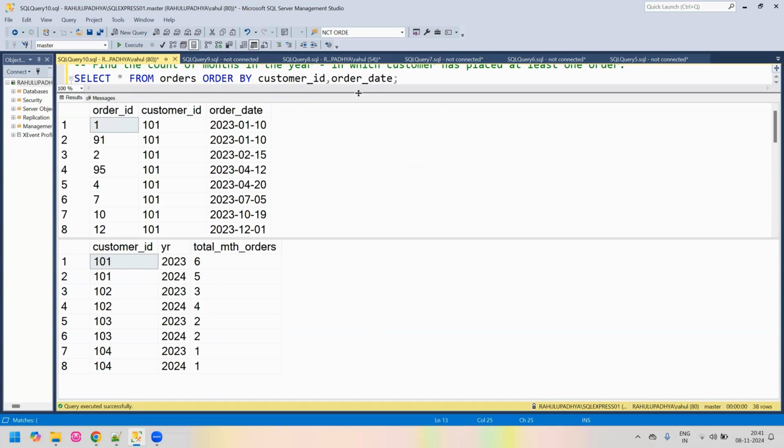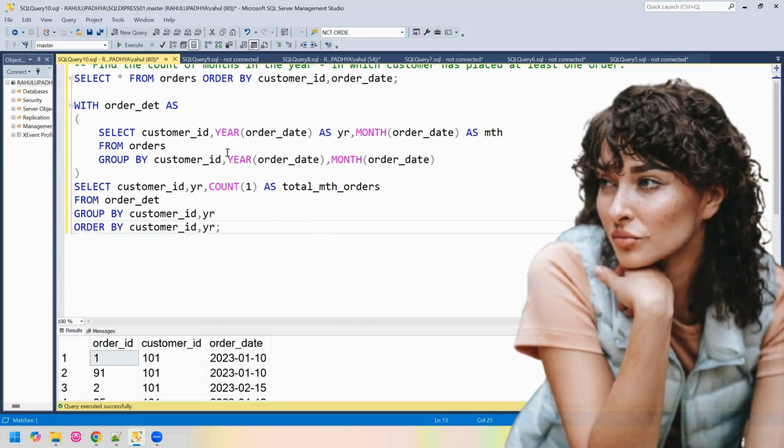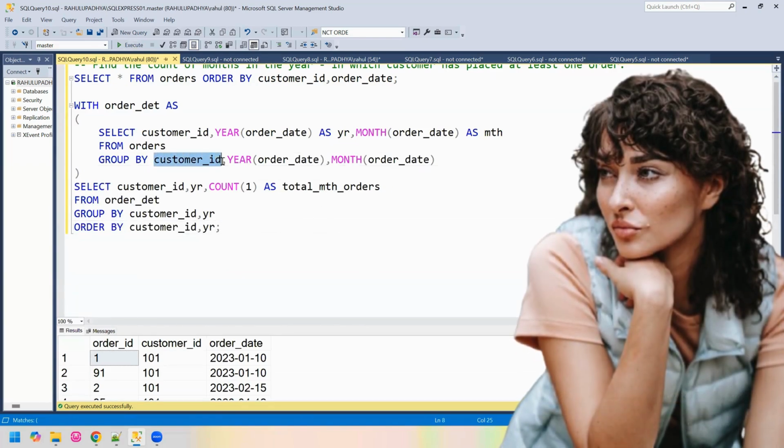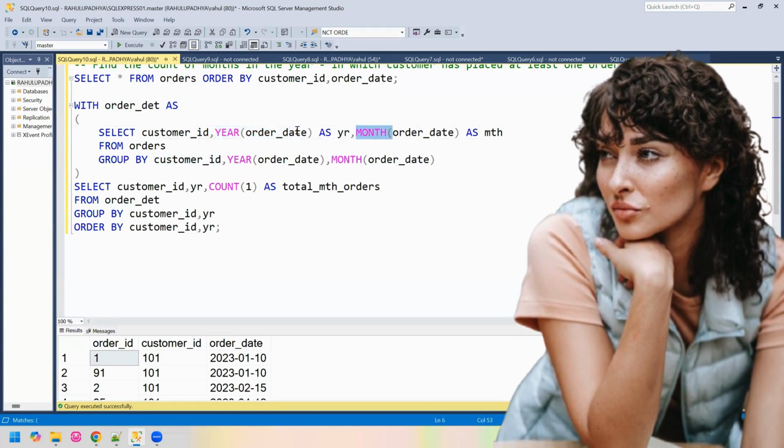Let's summarize how we have reached the solution. For every customer, we determined the year and the month of the order date. From the order date, we extracted the year and the month part and used a group by to get the unique entries only for the year and the month. So even if there are multiple entries for that year and month, by using this group by, we retain only one entry.